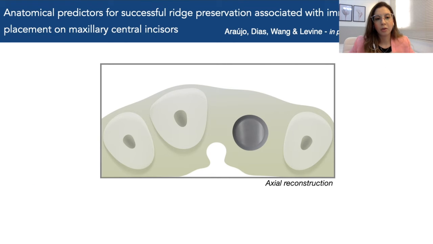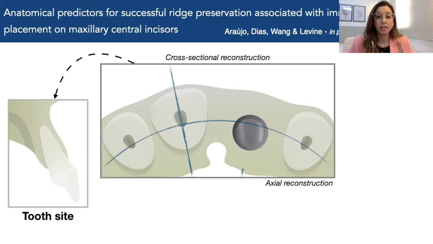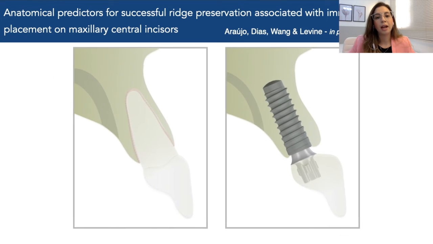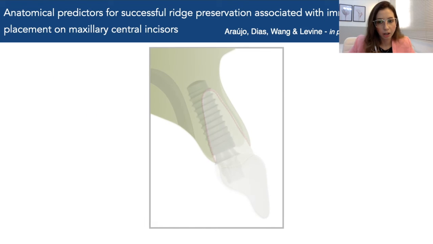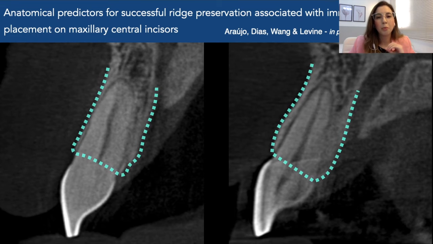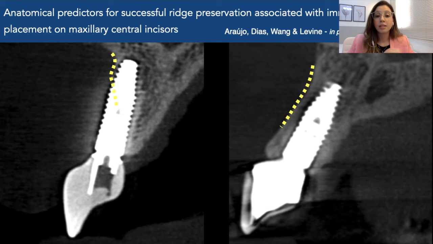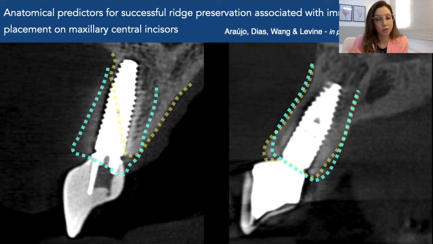And we compared the cross-sectional images of the control sites, that is, the tooth site, with the ones of the implant ridge, to evaluate the dimensional changes that had occurred. And it was impressive that we observed two different outcomes. Some implant ridges, as to your left, presented a significant reduction, while others, to your right, seemed preserved.